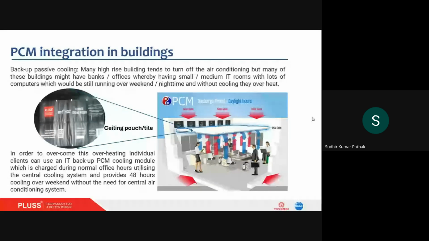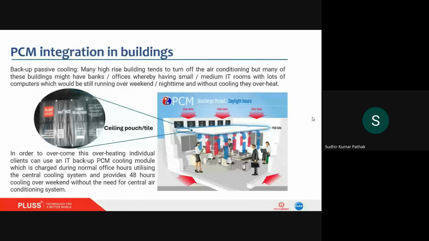That integrated PCM absorbs the extra heat during the running time of the refrigeration cycle, and whenever there is a power outage, it will help to maintain the temperature of that room. That's how we can maintain a stable temperature in buildings.